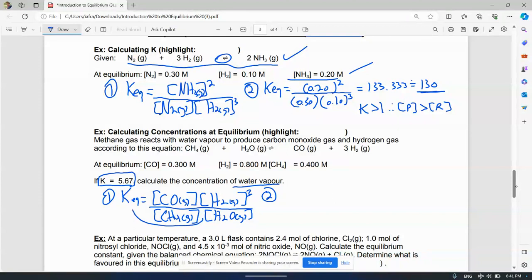So you're sending this to this side, and K down to the bottom. So our concentration of H2O gas is going to be equal to the concentration of CO gas times H2 gas cubed over CH4 gas times KEQ.